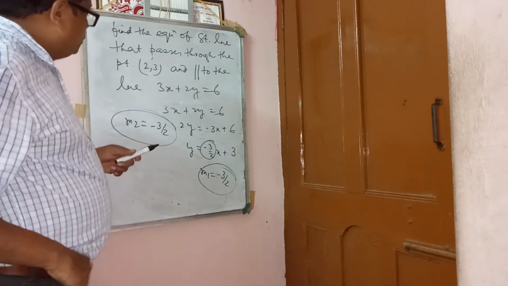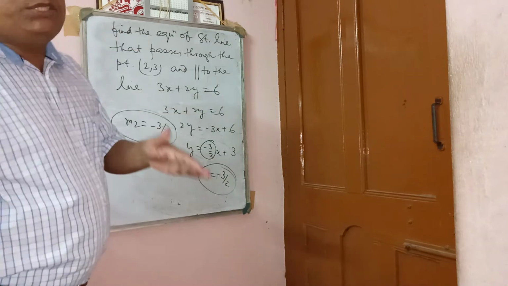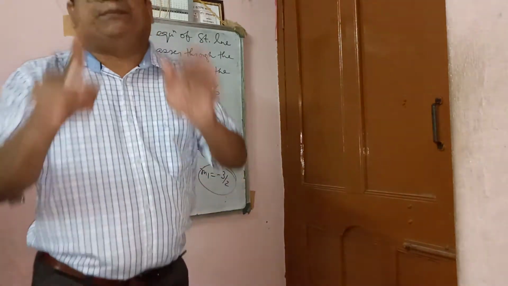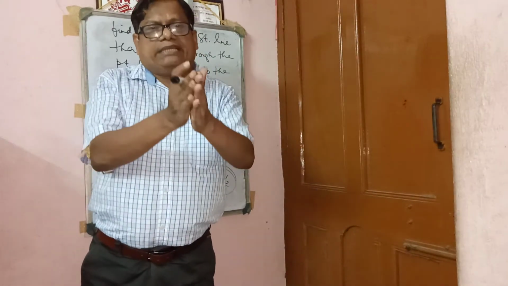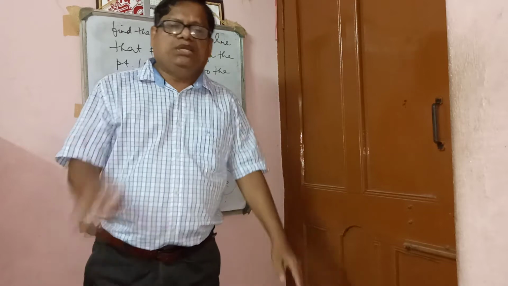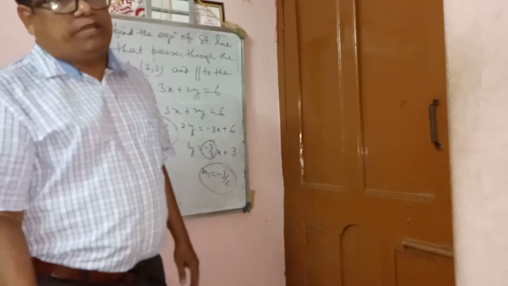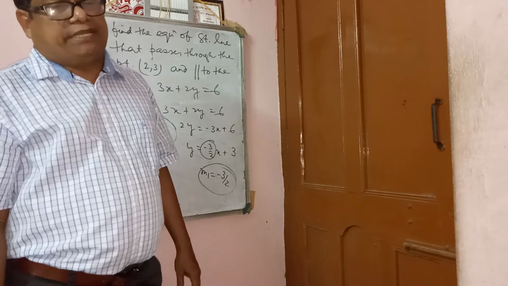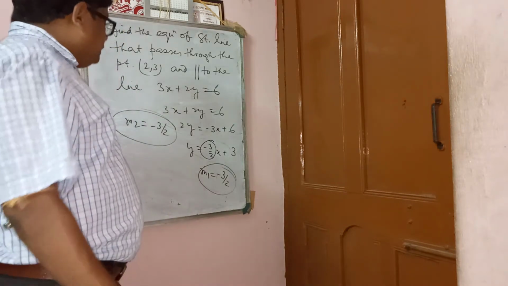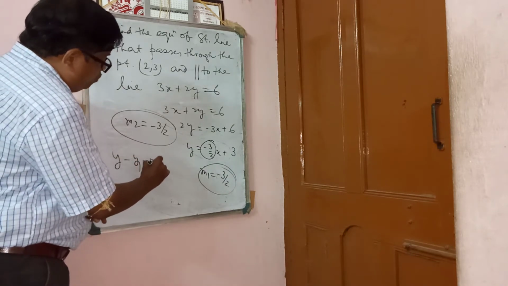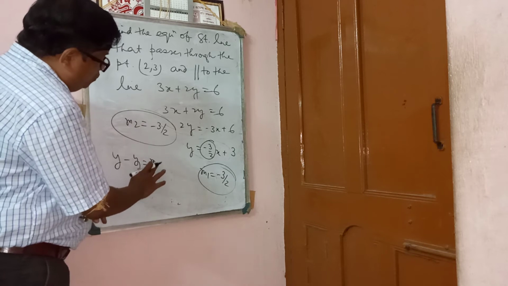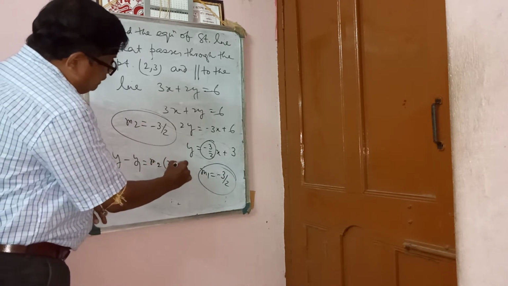Already discussed, an equation having slope m and passing through the point x1, y1, all of you know the equation: y minus y1 equal to m into x minus x1. So you can write here y minus y1 equal to m2 into x minus x1.